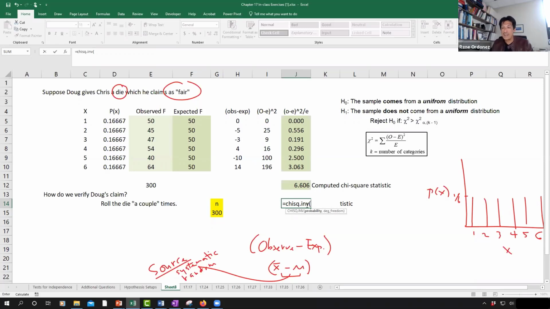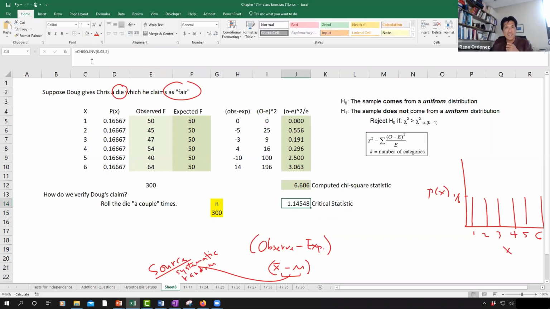The chi-square inverse asks for the probability. What's the probability? 0.05, comma, degrees of freedom. Degrees of freedom is k minus 1, where k is the number of categories. So we have six categories. Minus 1 is 5.